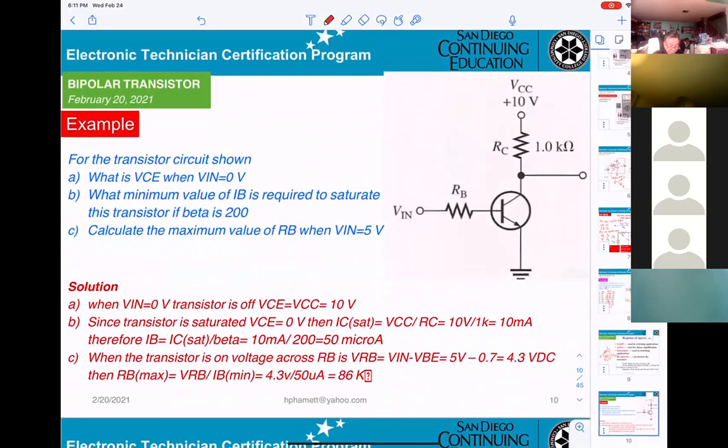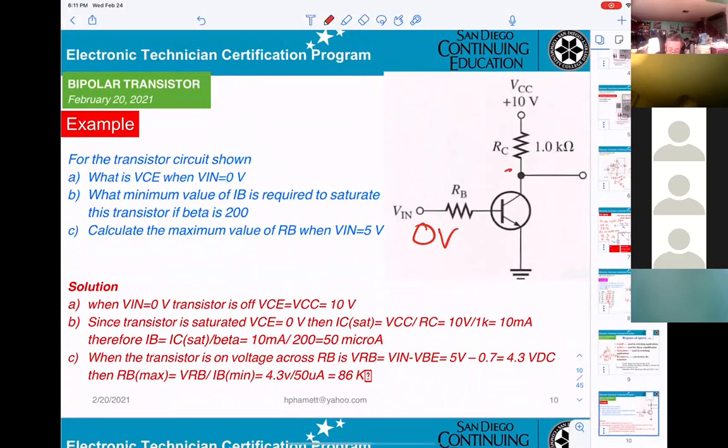Now, reading this, try to see how much you can understand. For the transistor in this circuitry here, what is VCE when Vin is 0? If you get a 0 input here, they're asking you what VCE is.